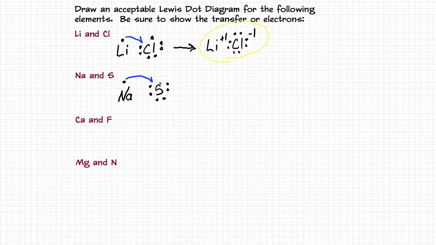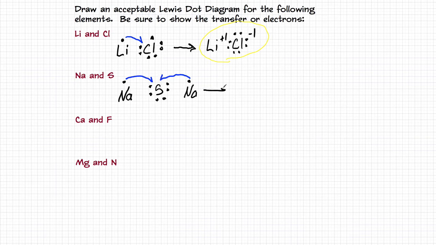It needs 2 electrons to complete its octet. So pretty clearly what we need to do is add another sodium. And it's going to transfer over its electron, just like so.